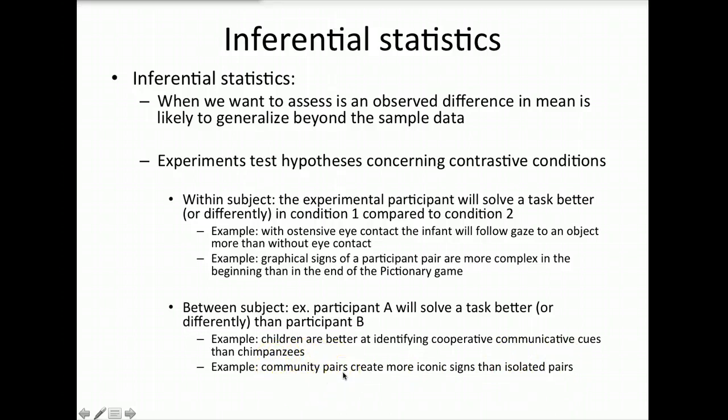And what we use inferential statistics for is to investigate whether a difference in mean between two different conditions or two different populations is a consistent and reliable difference that is likely to generalize beyond the observations that we have made in our local little experiment.